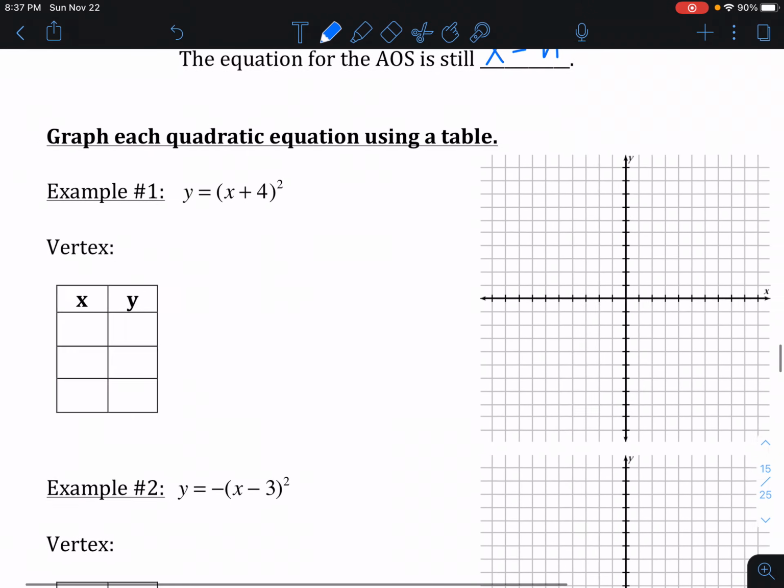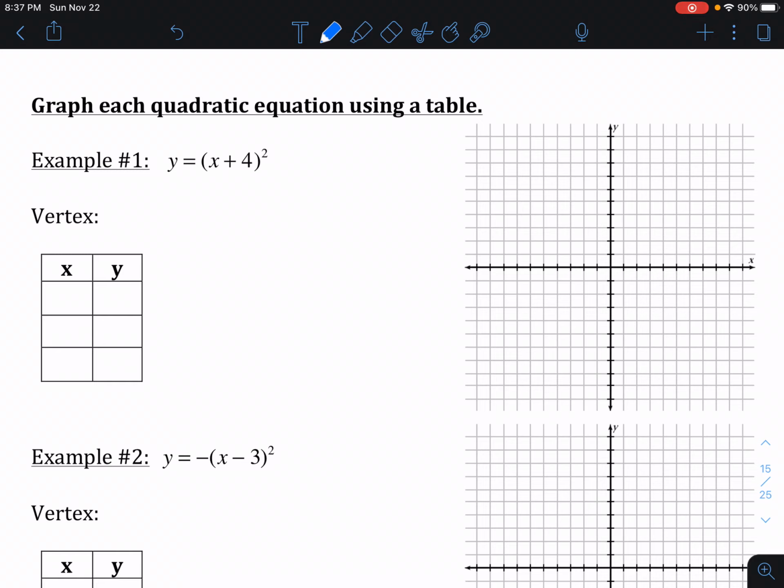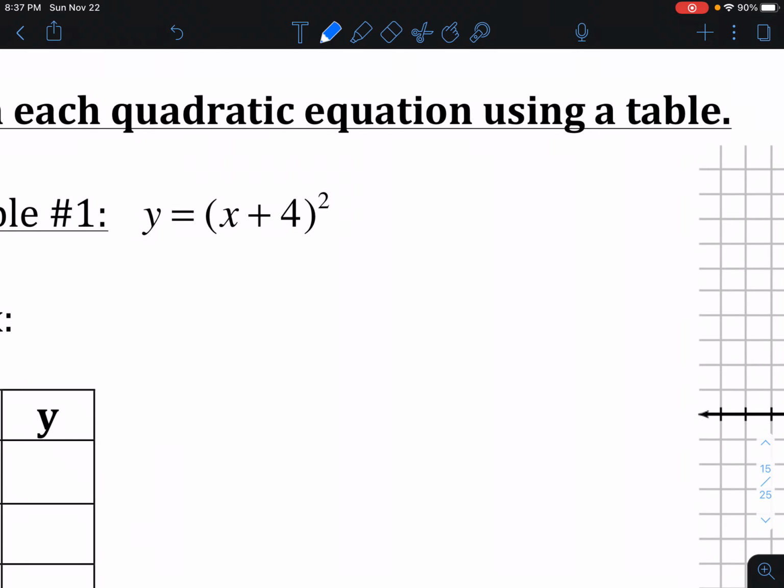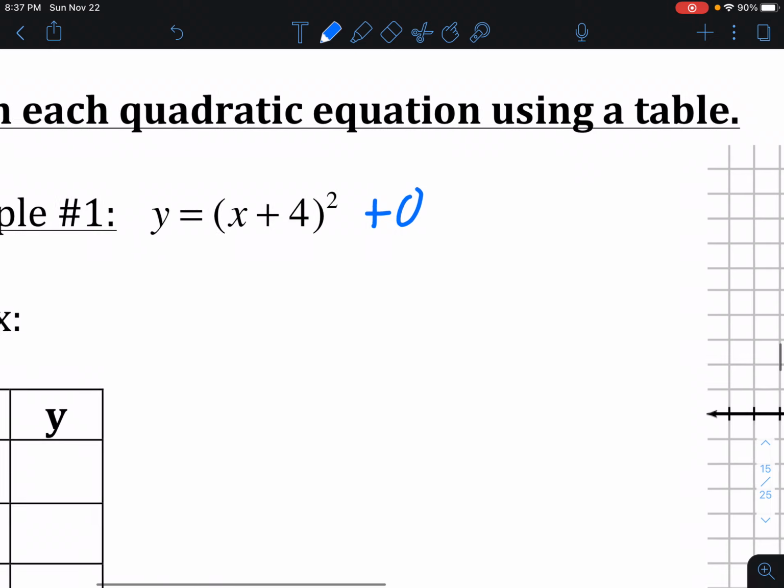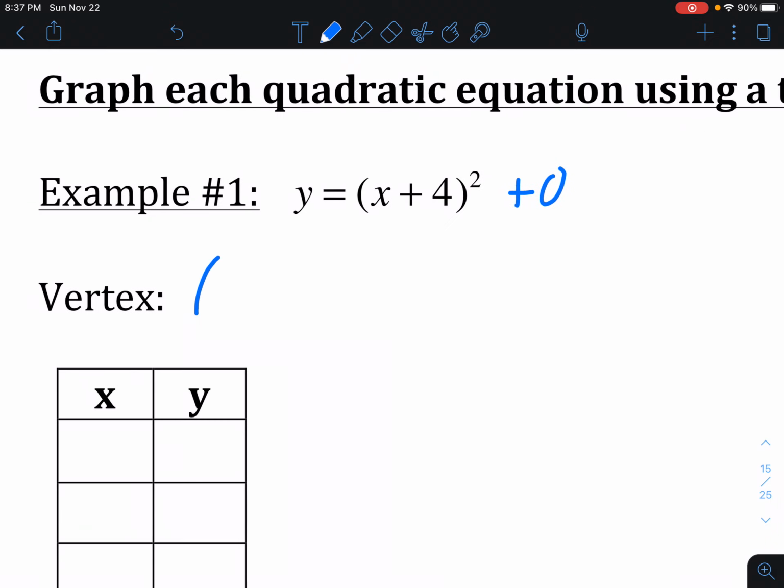Okay, so we are going to go through the same steps that we did in the previous lesson, which was standard form. We're still going to do a table of values for points after the vertex, but let's start with the vertex here. I would call it negative 4, 0. The h is negative 4, the opposite of the plus 4.